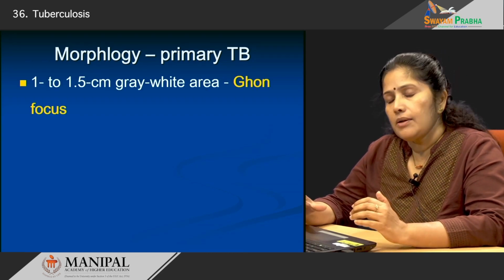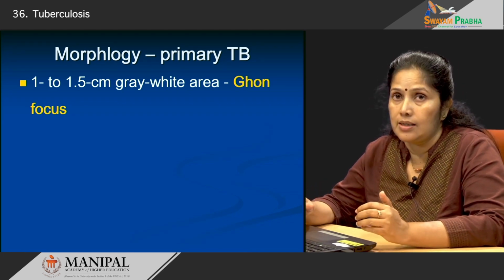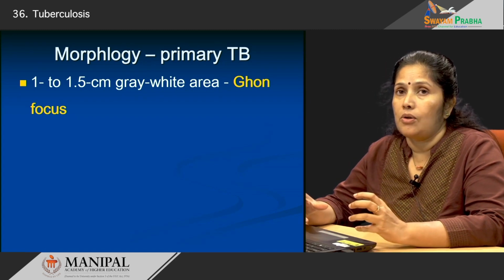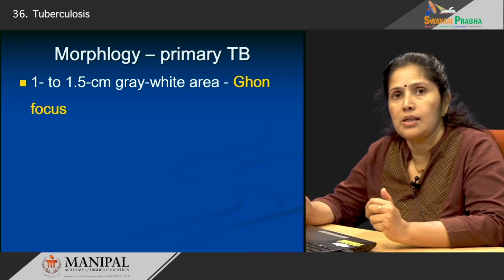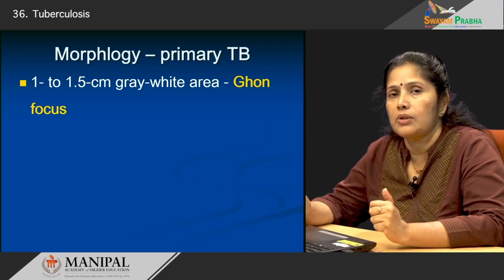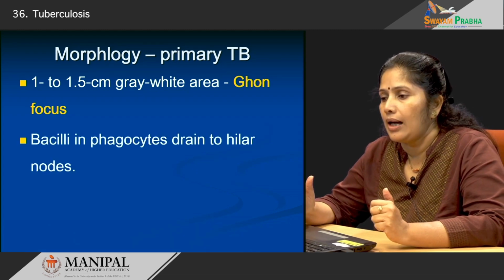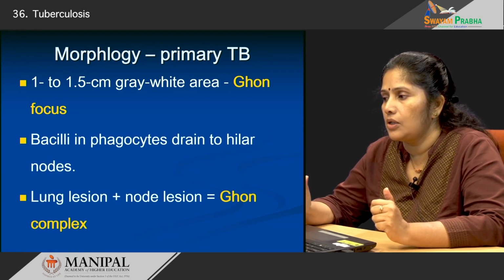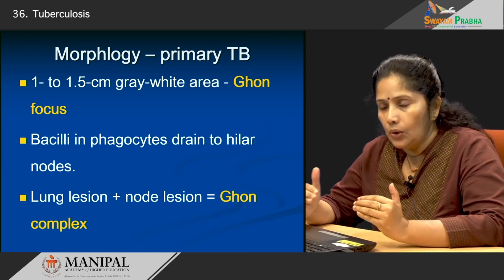Now, the bacilli present within the macrophages, within the phagocytes at the site of lung damage, will then drain into the regional lymph nodes, and the regional lymph nodes for the lung are the hilar lymph nodes. A lot of patients will have enlargement of the lung lesion and involvement of the nodes.